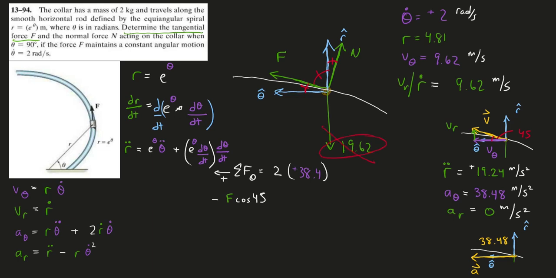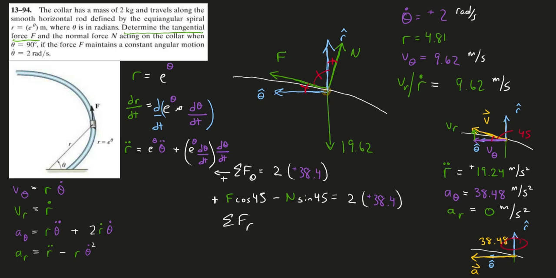This guy does not act at all in that theta direction. Actually, hang on. This is positive, because like I said, left is actually positive here. And this component of the normal force will be the one that's negative. So, minus normal force sine of 45. Alright, two unknowns, one equation here. So I got to move on to my sum of the forces in the radial direction.